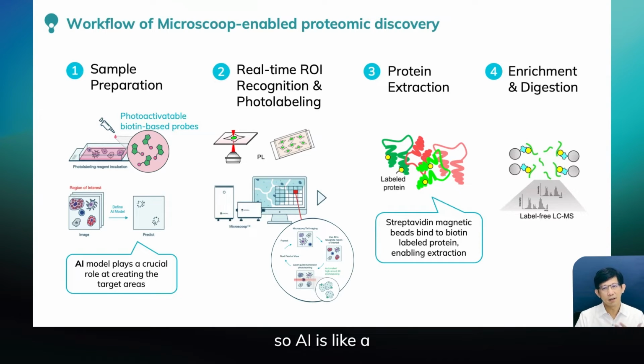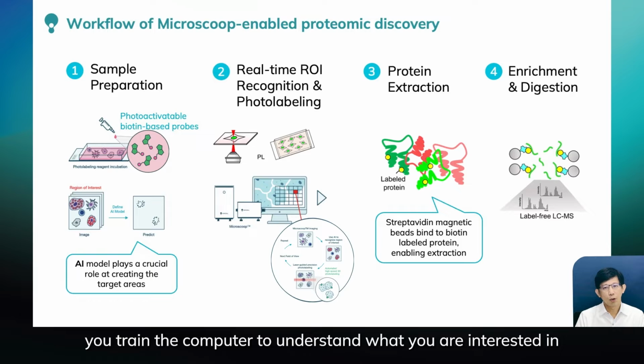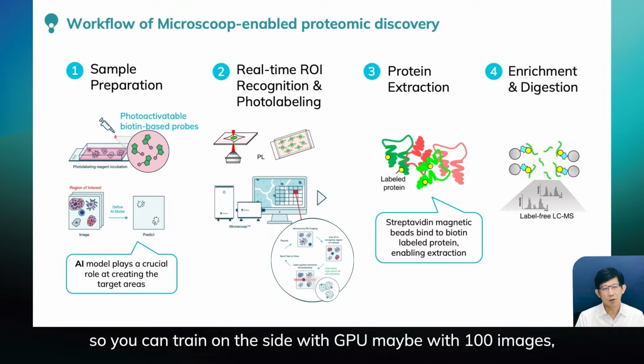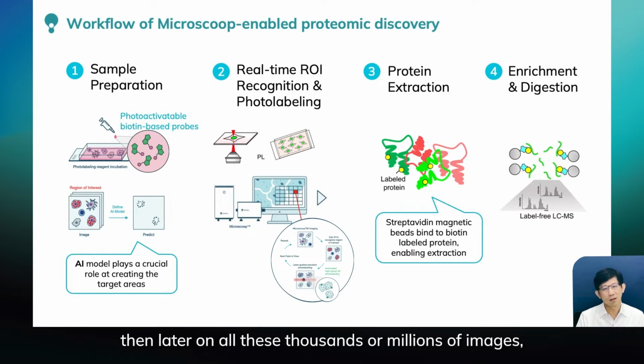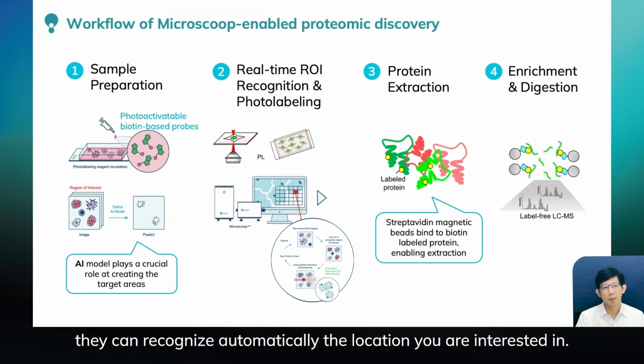AI is like you train the computer to understand what you are interested in. You can train on the side with a GPU, maybe with 100 images. Then later on, for thousands or millions of images, it can automatically recognize the location you're interested in.